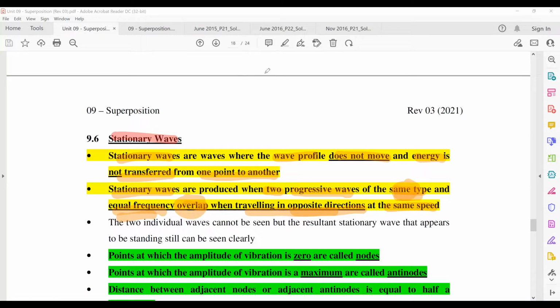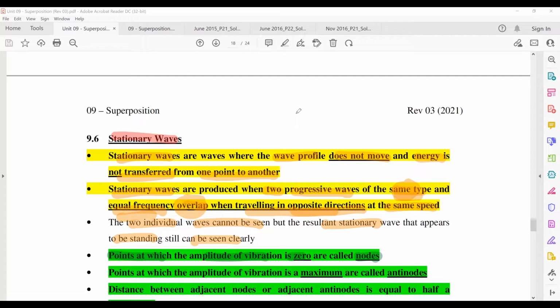Now, the progressive waves that actually form the stationary wave will not be seen. But the resultant stationary wave that appears can be seen clearly, and it appears to be standing still. All right, so on the stationary wave, there will be points at which the amplitude of vibration is always zero.